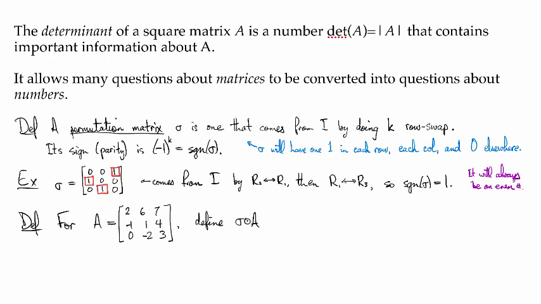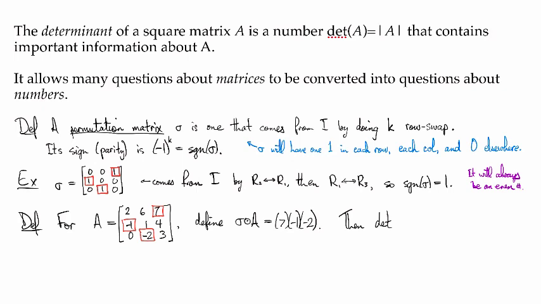So that's how we choose an entry from each row and each column. So over here in A, that corresponds to this 7 and this -1 and this -2 right here. And so sigma circle dot A is going to be those entries multiplied together. So you select the entries of A according to sigma and then multiply them together.